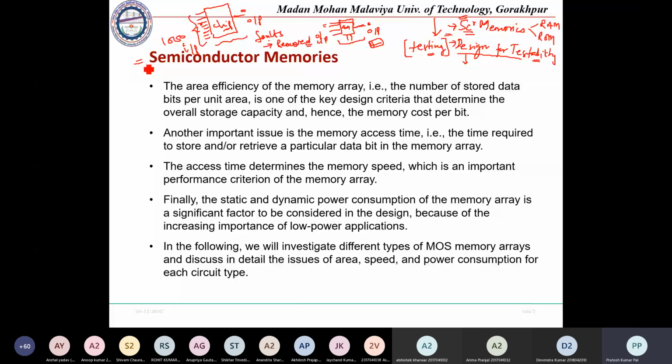So basically, that storing of data is given by the smallest unit, like we will be storing with 1 unit or 1 bit of data.